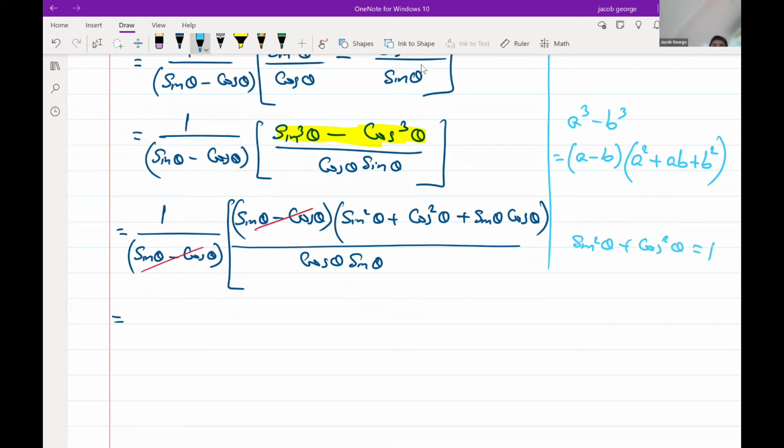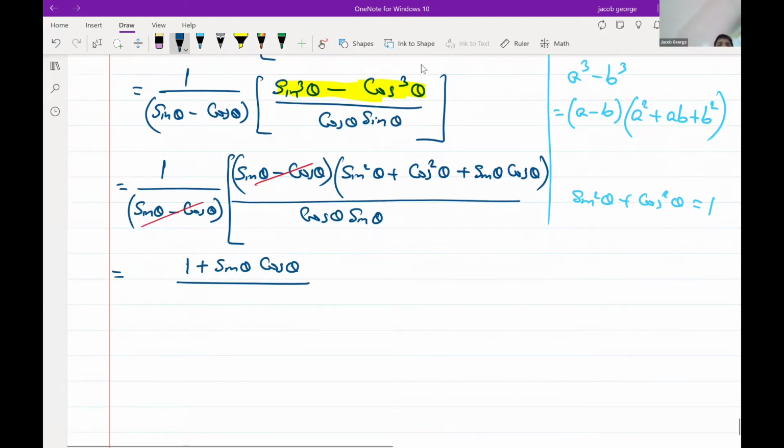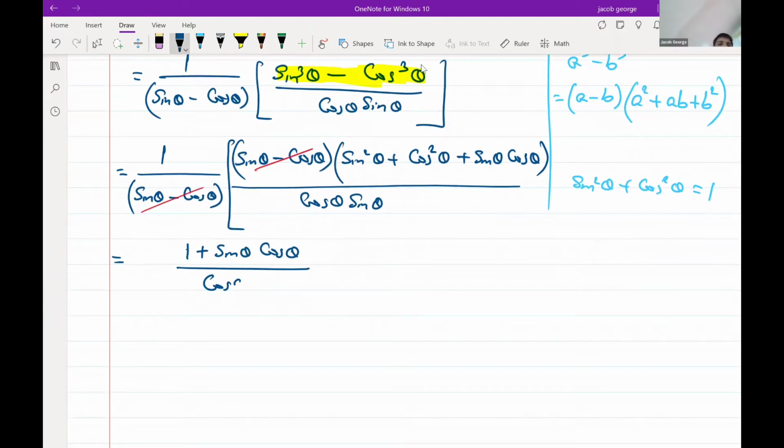So that you will write in the reference space and we apply to this step. So this becomes 1 plus sin theta cos theta upon cos theta sin theta.